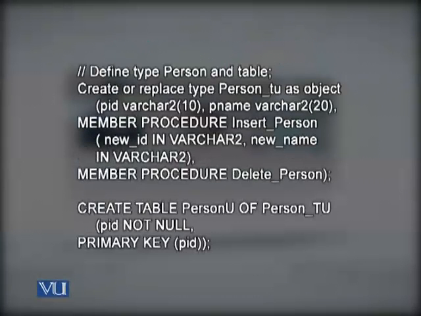For this, as you can see on your screen, first of all we will define the type person and the table associated with it. We are defining a type, and the naming convention that we have used is person underscore T. This T represents a type, to reflect the fact that here we are declaring a type.